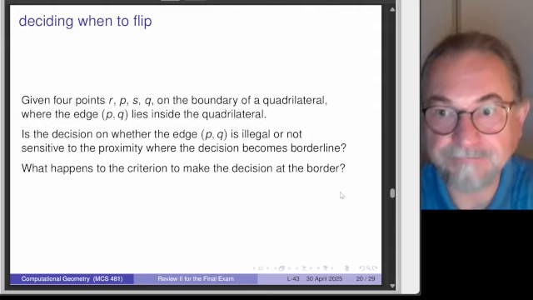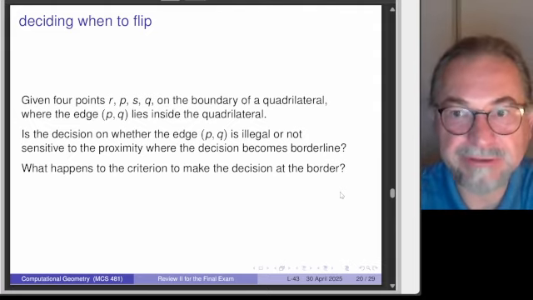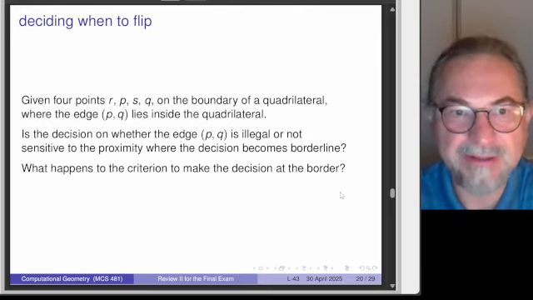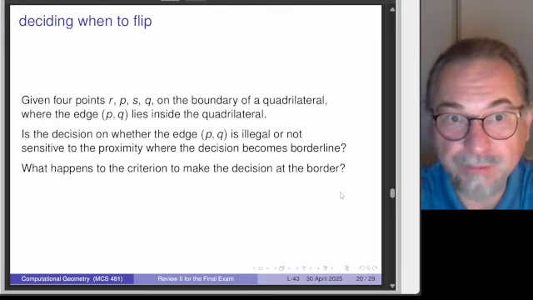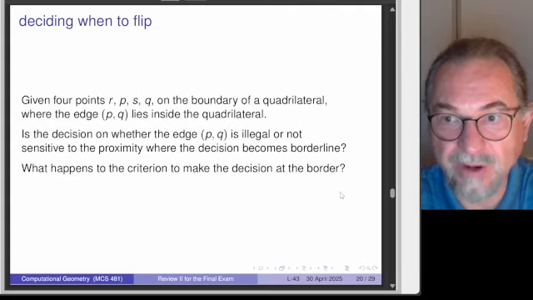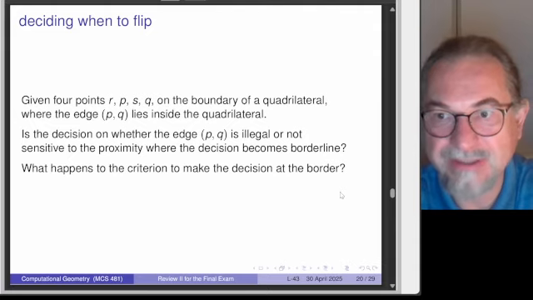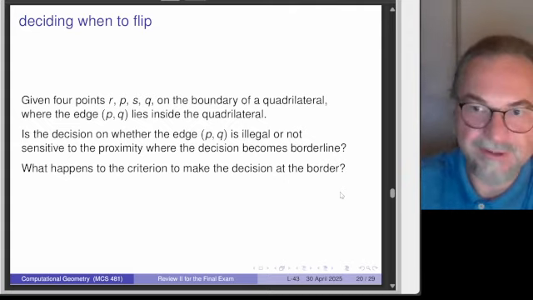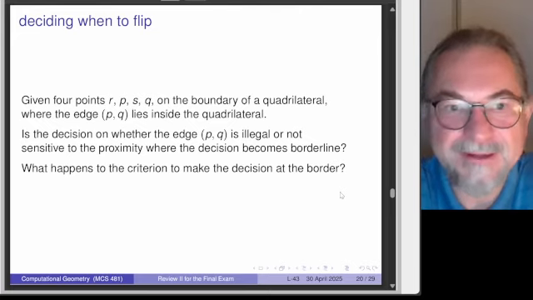Okay, here is then the question. So the question was phrased with that picture in mind. We have 4 points. The 4 points are defining a quadrilateral. So you could look at these points in the clockwise sense: R, P, S, Q. They actually rely on a circle, if you like.